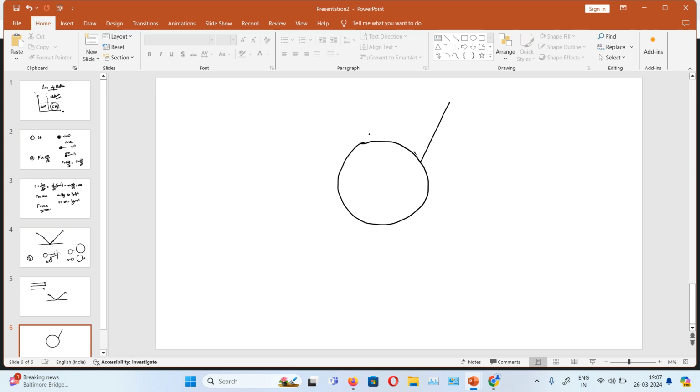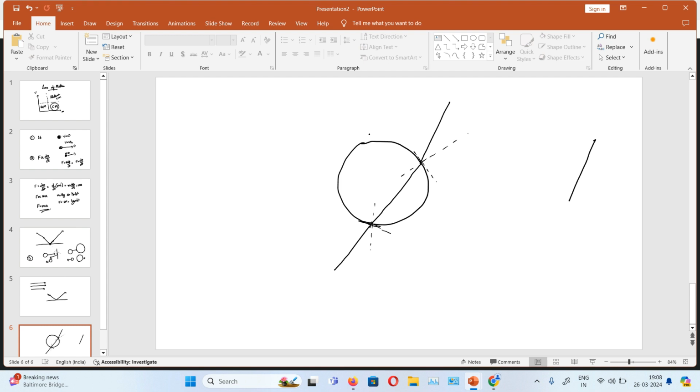What will happen? The bead has a refractive index more than that of air, so light will bend like this. If you consider the momentum, what is the change in momentum?